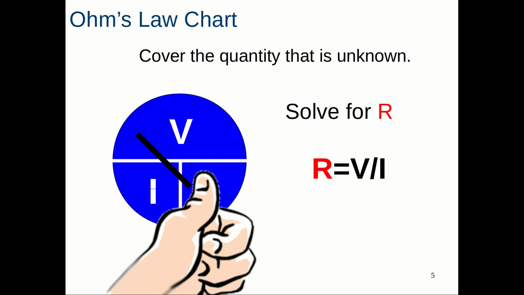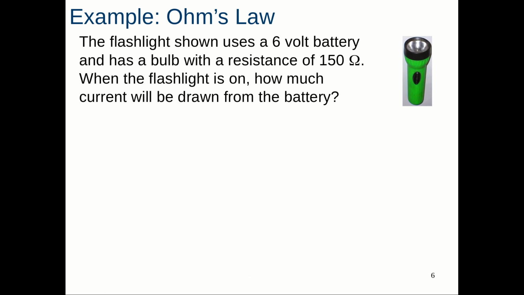Now for an example: if I have a flashlight that uses a 6 volt battery and the bulb has a resistance of 150 ohms, what is the current?